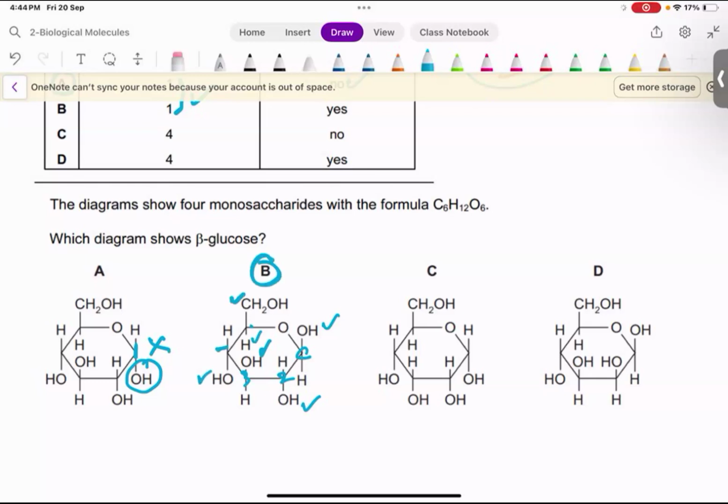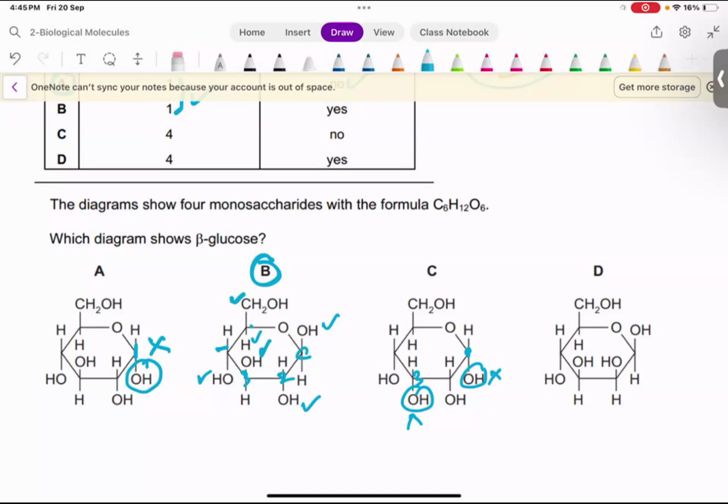But what's wrong in C? In C, since it is beta glucose, carbon 1 has an OH group below, that is not correct. And then carbon number 3 also has an OH group here, which is also not correct. It should have been inside. So C is not correct. What is wrong with D?